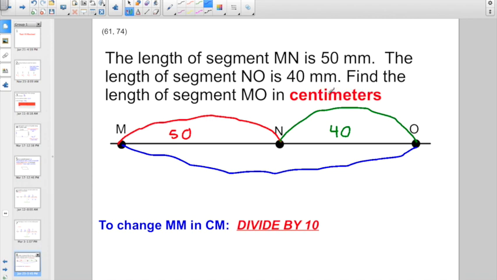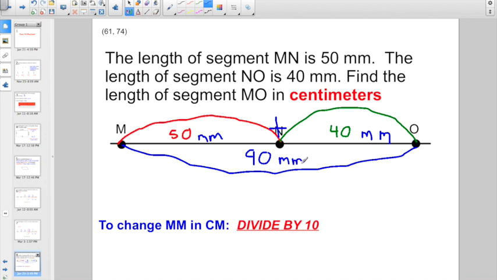So you actually have a couple of different types of math to do. The first stop, I better go and add my millimeter sides. This is really 50 millimeters, and this is 40 millimeters. So 50 plus 40, that's going to give me 90 millimeters, won't it? But I just can't leave the answer as 90 millimeters.